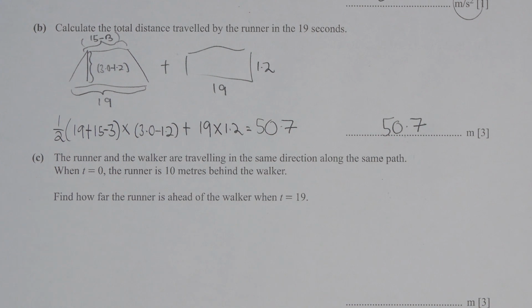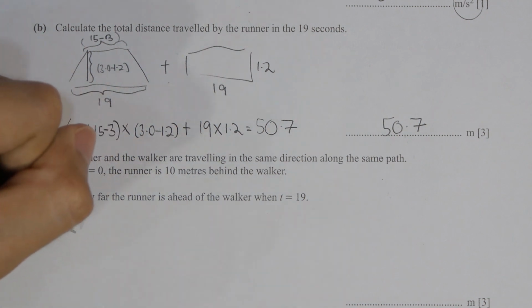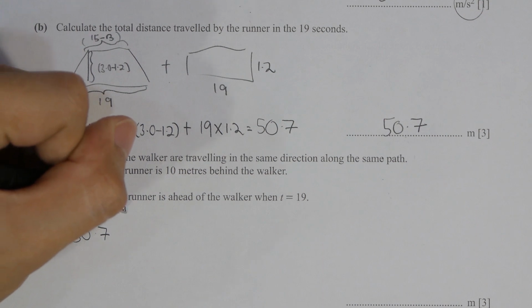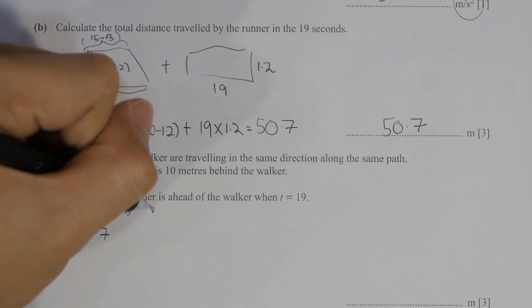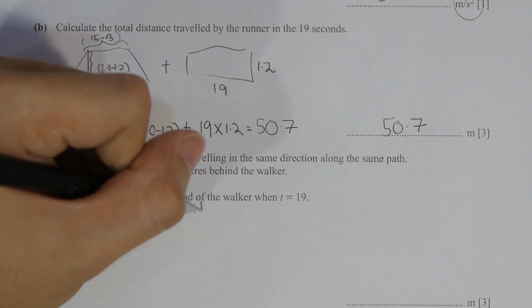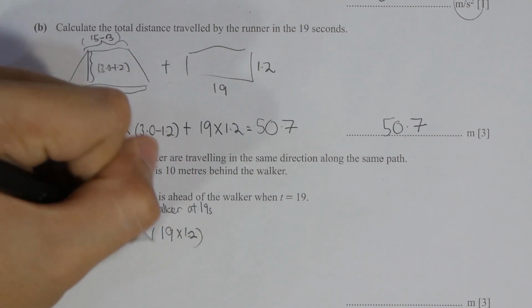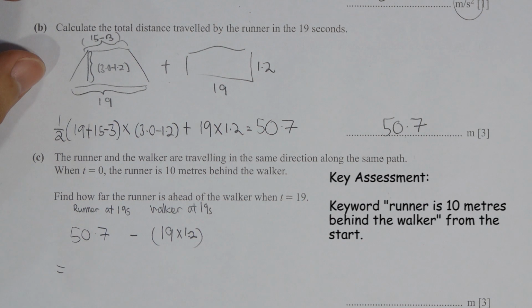Whereby for part C, the runner and walker are traveling in the same direction along the same path. When t equals 0, the runner is 10 meters behind the walker. Right? So the total distance here is actually 50.7.